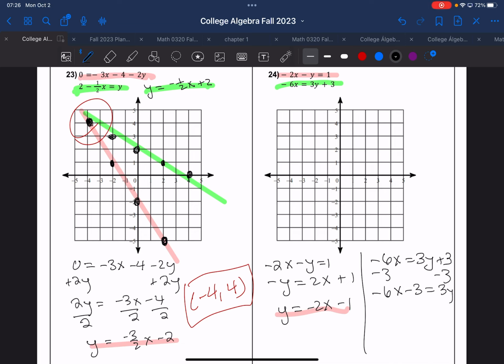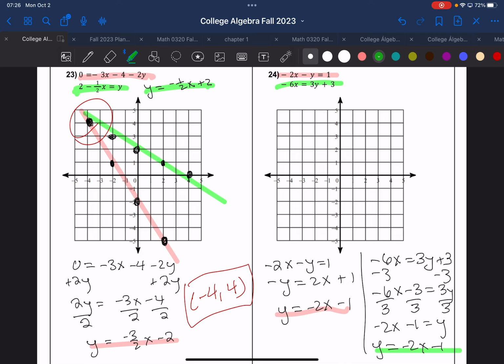And then what are we doing? We want y by itself, so what's in front of y? Good, we can divide everything by 3. So I get negative 2x minus 1 equals y. But I could write that with y first by just saying y equals negative 2x minus 1.